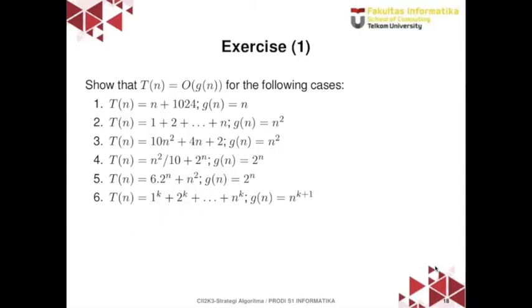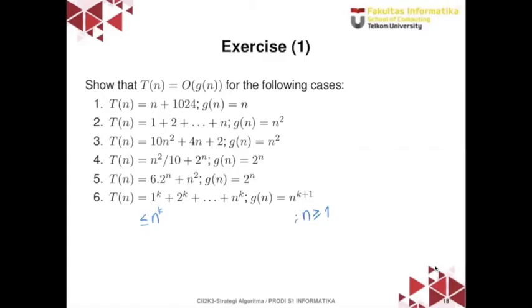The next one, we have Tn is 1 to the k plus 2 to the k plus so on until n to the k. For this, it is obvious that 1 is less than n, so we can say that it is less than or equal to n to the k. But of course, it only works for n at least 1 because it doesn't hold for 0.